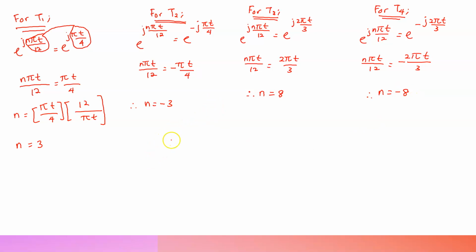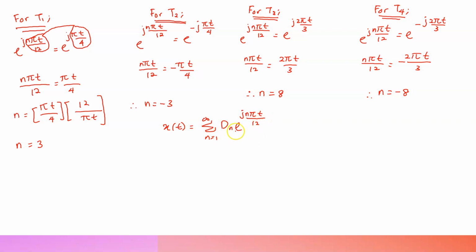Now, if you remember x(t), the general form of the exponential is the sum from minus infinity to infinity of dn e^(jnπt/12), right?